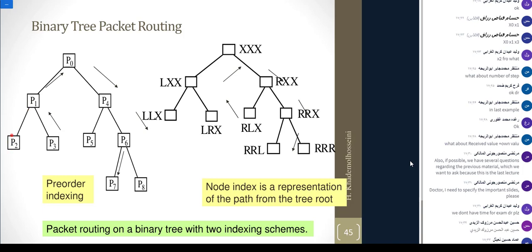All of the lefts are done, so we can go to the right, P3. All of the lefts of P0 are done. Then we can go to the right, P4. What is the left of P4? P5 here. Left is done. Then we can go right. P6. After this, we must go left. P7. Left is done. We can go right. P8. It is preorder indexing.